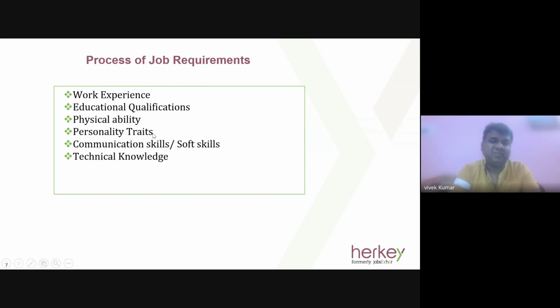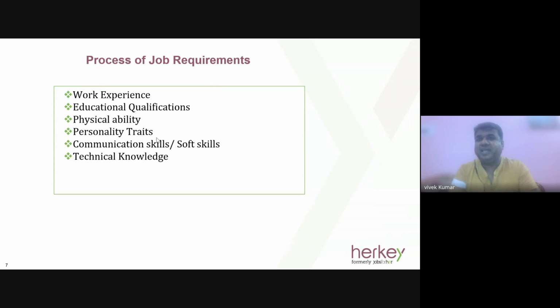So you need to know more about the person. Let's say, for example, maybe you're hiring for a supply chain position. Okay. So maybe you need someone who is very methodical in nature in general. Okay. So you don't expect a creative person to take over supply chain related roles, but maybe you need someone who is very process oriented, who is very disciplined, who is very ethical, and so on, right? So this becomes very important.